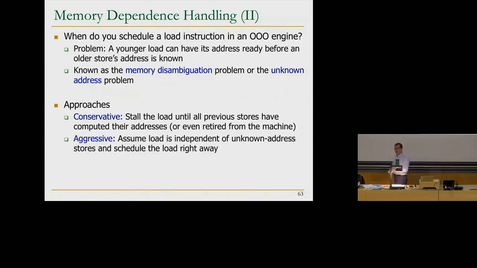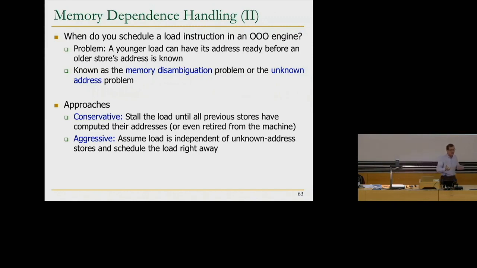The aggressive approach takes exactly the opposite. It basically says, I'm a load, I know my address, I'm going to assume that I'm independent of any previous stores. I'm going to schedule this load right away. Okay? That's aggressive. Basically, the prediction is that hopefully this load is not going to depend on any of the stores. Of course, if you do this, you need to check later on: did I actually predict this correctly?